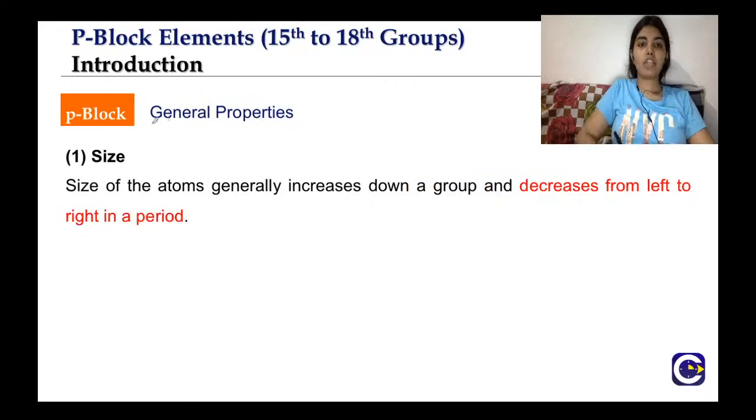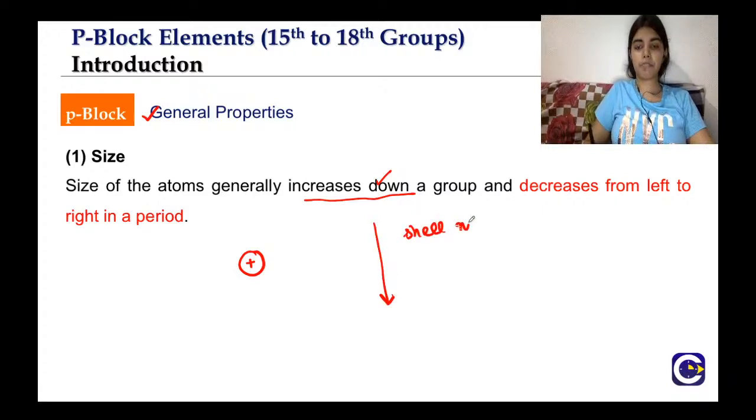Now we will talk about the general properties which you must have done in your periodic classification of elements in 11th class, so we'll just have a brush up. The size of the atoms increases down the group. Why? Because down the group the shell number increases.